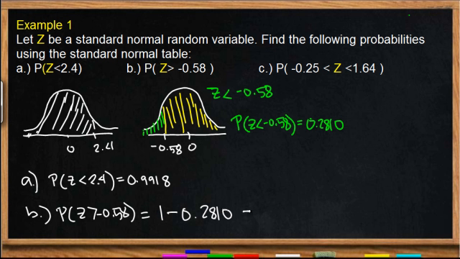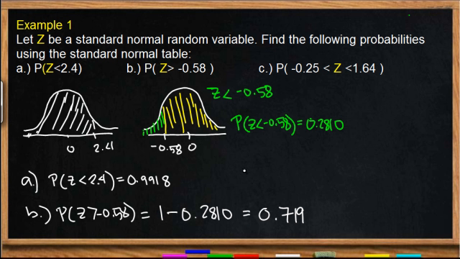So the answer is 1 minus 0.2810, so the value will be 0.719. Is that right? More or less. Subtracting, 0.719.